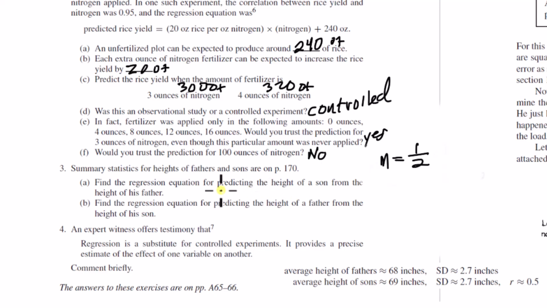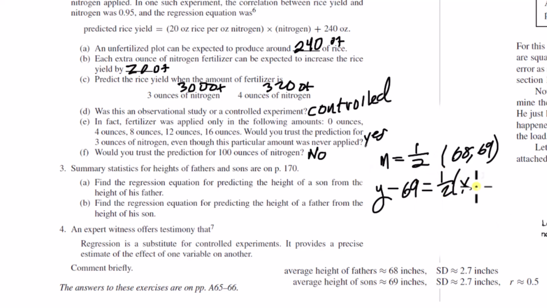Now, for predicting son's height from father's height, we look at the point of averages, where x is the father's height and y is the son's height. So now we have a point and a slope. We can just do y minus y1 is equal to m times x minus x1.